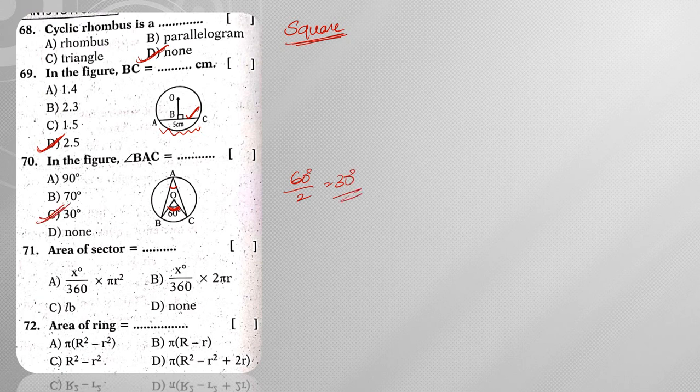Next, area of sector is given by x by 360 degrees into pi r square. Next, area of ring. Area of ring is given by pi into capital R square minus pi into small r square. Taking pi common, I can write it as pi into capital R square minus small r square.